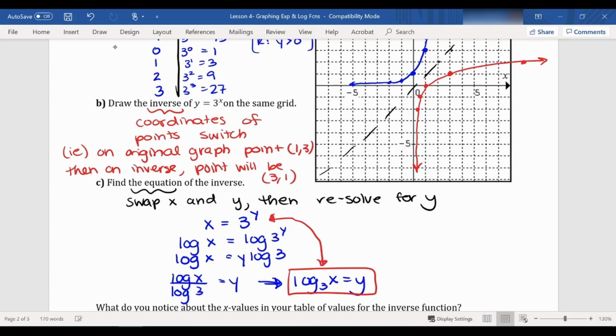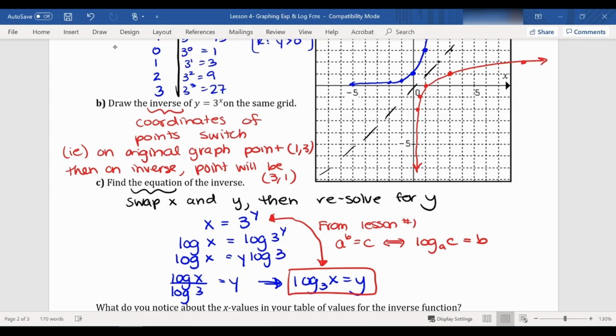We could have gone straight here. We know that if we have a to the power b equals c, this is the same as log base a of c. And we've already discovered that exponentials and logarithms are inverses of each other.